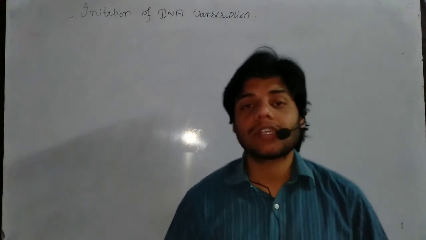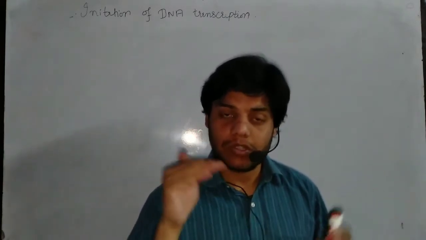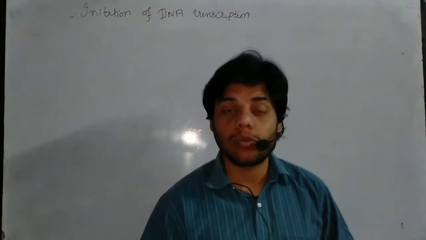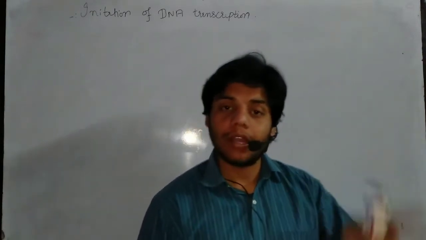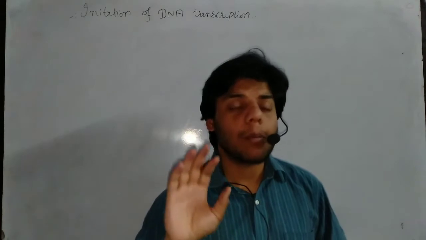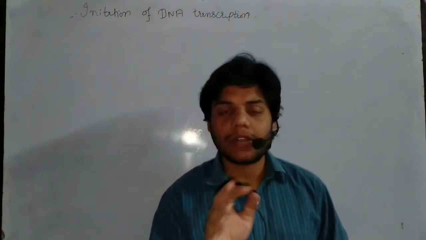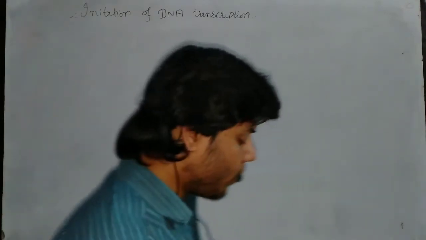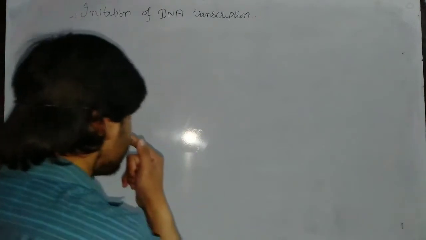So we need to understand the promoter, the main sequences found in the promoter, and also the upstream and downstream sequences or elements found in the DNA. Once we get an idea about that, the initiation of DNA transcription will be very easy. So first of all, let's try to understand each of the terms.